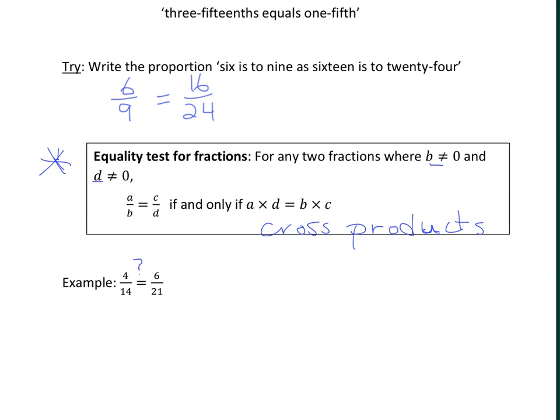To test if they're equal, we calculate the cross products. The first one will be 4 times 21. That gives us 84. And the second one will be 6 times 14. And that also gives us 84. And since the cross products are equal to each other, the ratios are equal to each other.